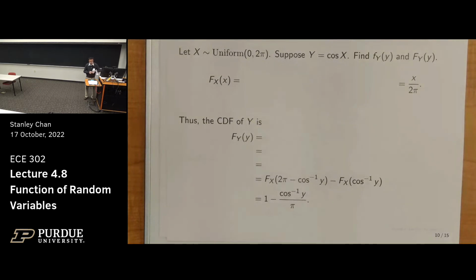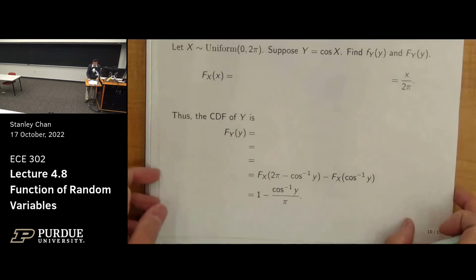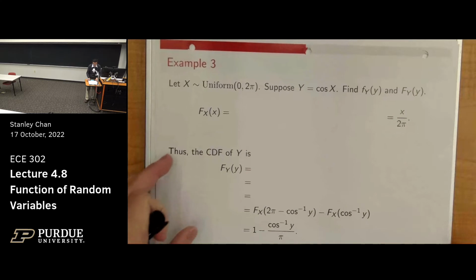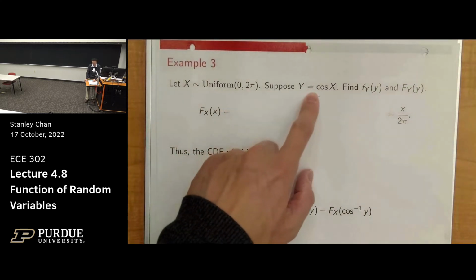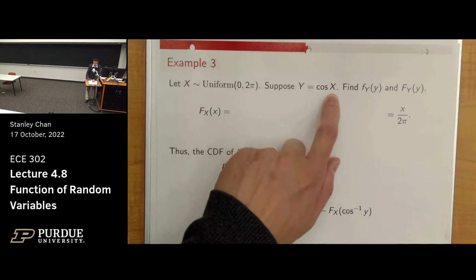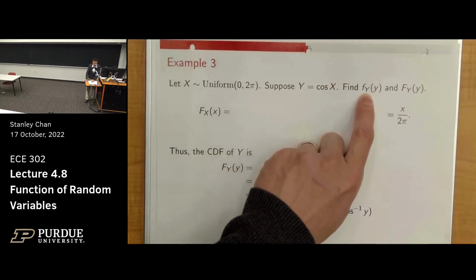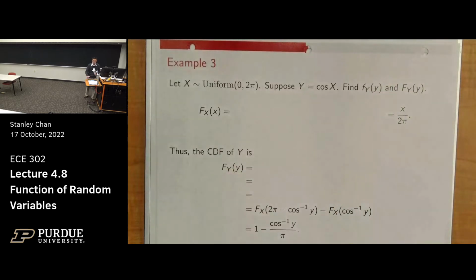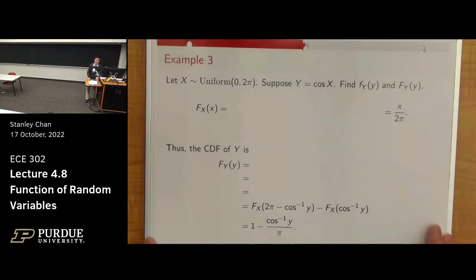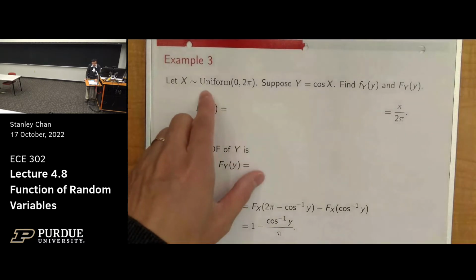In this example, we are looking at a uniform random variable. X is between 0 and 2 pi. And suppose Y equals cosine of X. And I want to find the PDF and also the CDF of this random variable Y. Now, unlike the previous example where we just used a generic PDF and CDF, here we want to know the very specific PDF and CDF.